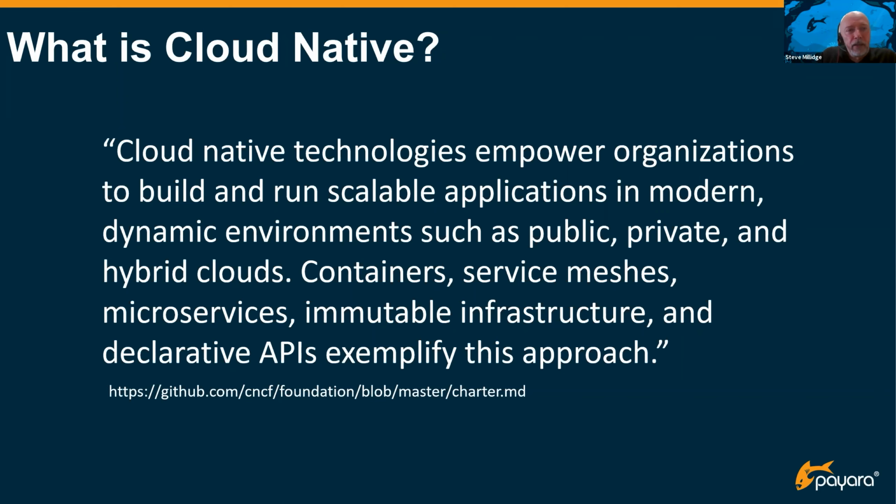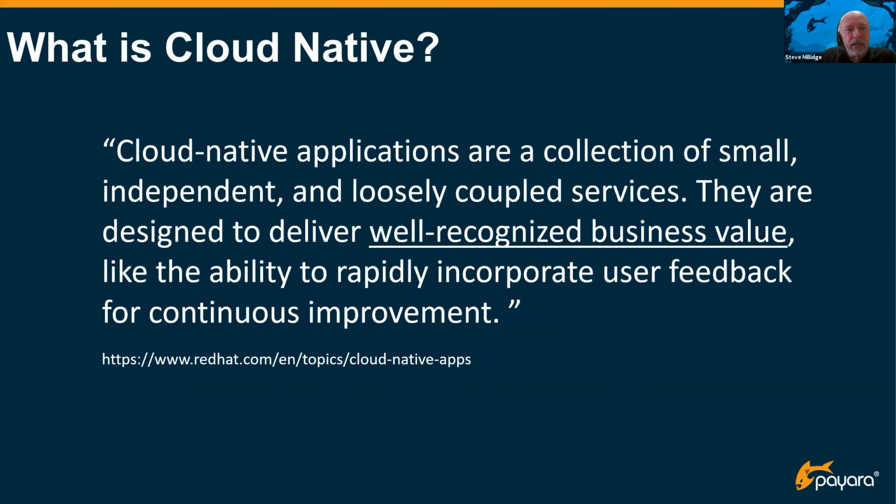And then we're going to look at a third, and this is one that I effectively disagree with. This is actually Red Hat's definition of what is a cloud native application. What they've basically stated is cloud native applications are small, independent, loosely coupled services. So effectively they're linking cloud native with microservices.